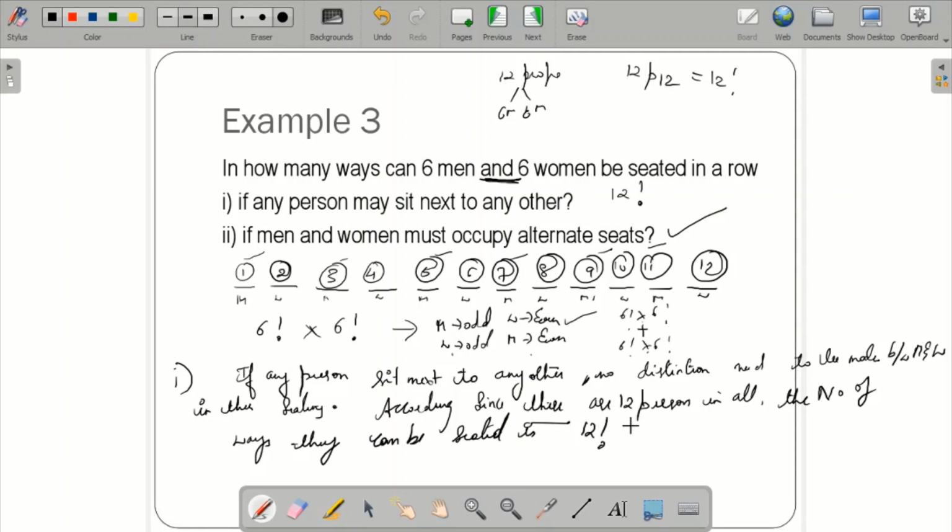So you should find the value of 12 factorial. The answer is nothing but 479,001,600. So this is regarding the first problem of example 3.